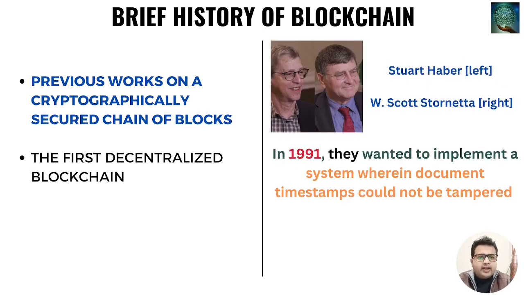In 1991, Scott Haber and Scott Stornetta wanted to implement a system wherein document timestamps could not be tampered with. So very important, they wanted to keep document timestamps preserved. The same issue of reliability of data. So they worked on the concept of reliability of data, to keep their timestamps from being tampered with.